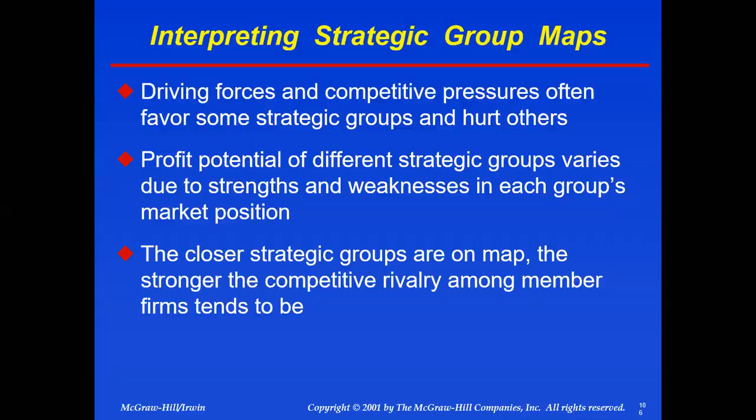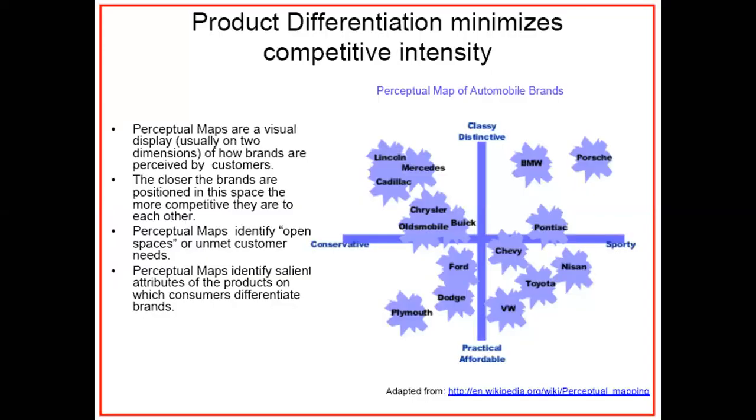Now, as I told you, there is another related discussion in marketing, which is perceptual maps. The concept behind perceptual maps is just like the concept behind the strategic group mapping which we have discussed in the strategic management discussion.